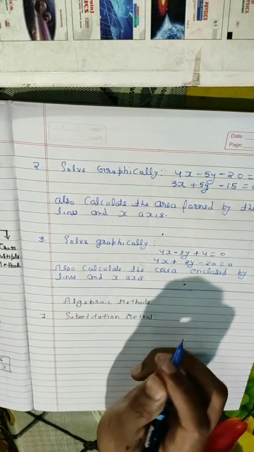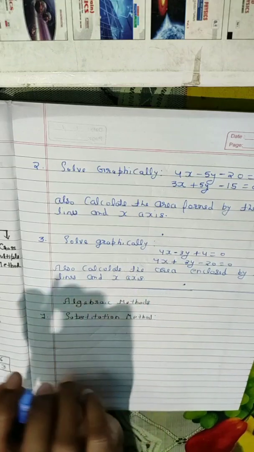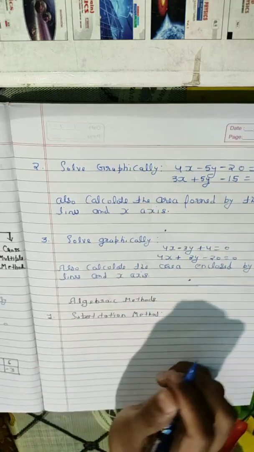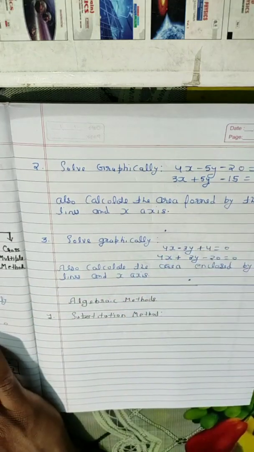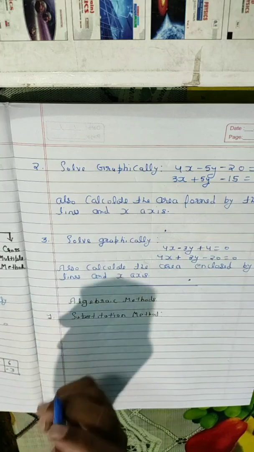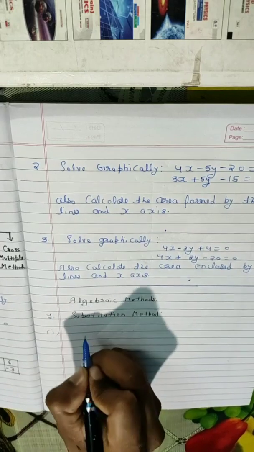See, in the substitution method, first of all, we write the two equations. Let us take one example and solve two equations, and in solving them I am telling you the steps, which you have to follow. So let us take one question directly.